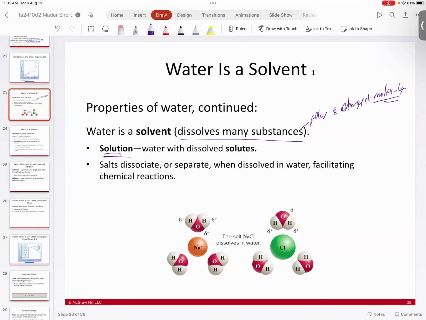Typically, in any given solution, you have 2 different parts. So every solution will have, first of all, the solvent, which is what does the dissolving. And then you have the solute, which is what gets dissolved.